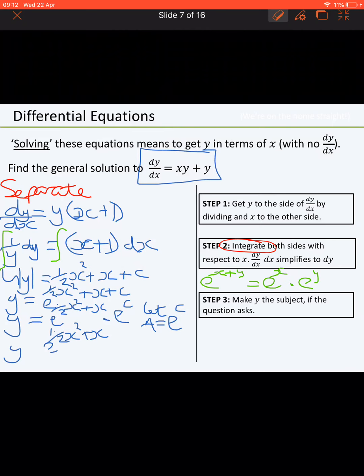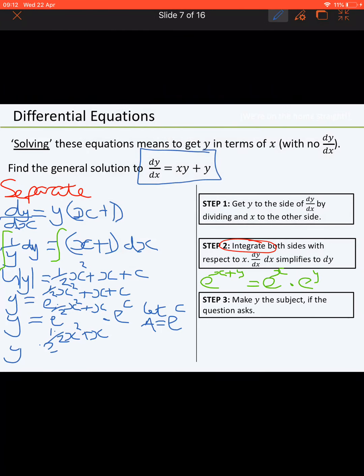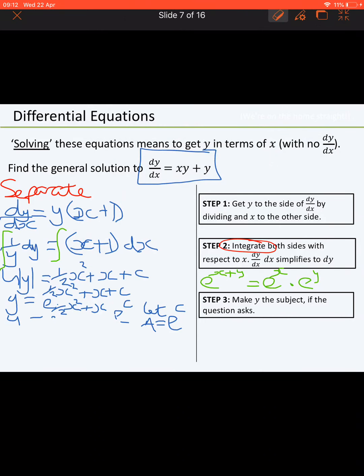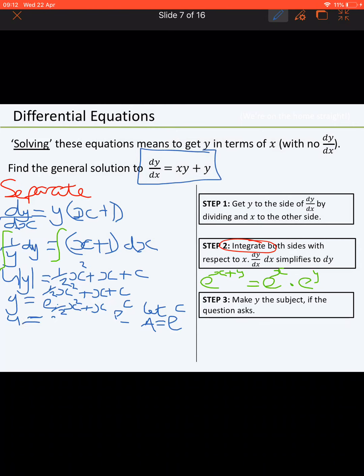Oh dear, one second. So let's go back to that. So I wanted it to be a. Oh, I'm not going to fit that in. Bear with me, let me rub all of that out on that line, and the line above. Okay, so that line above was e to the half x squared plus x times e to the c.